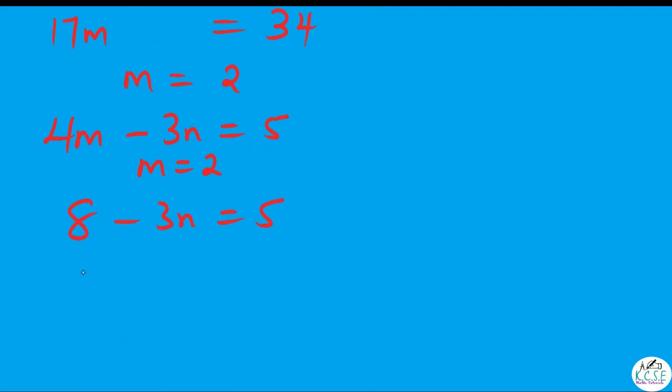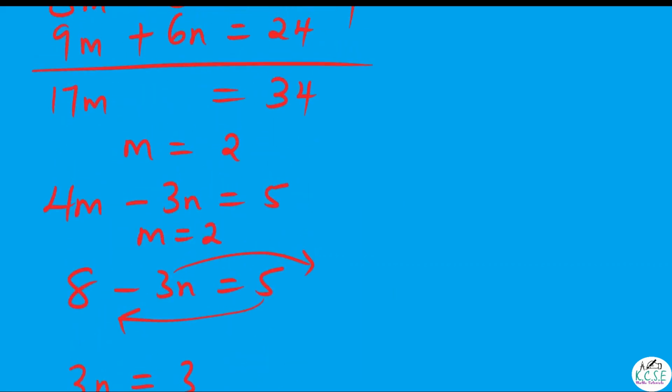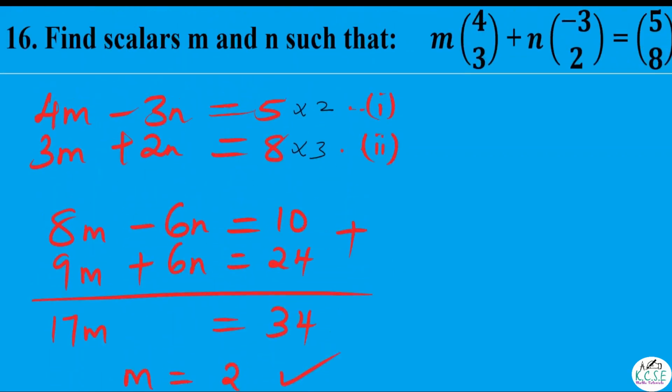So this will give, when you take this one to this side and this one to this side, 3n is equals to, if you take the 5 to this side, 8 minus 5, it will give 3. So n therefore is equals to 1. So that is how you work it out.